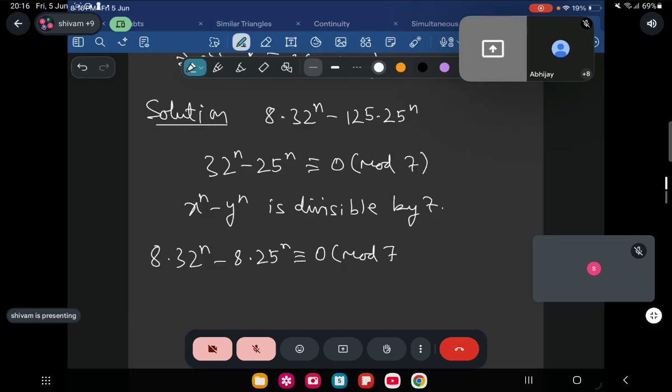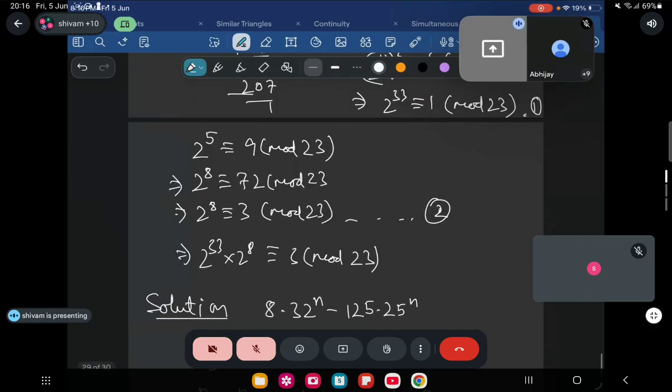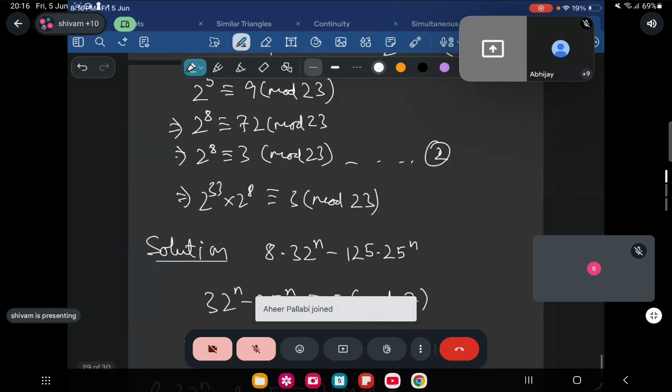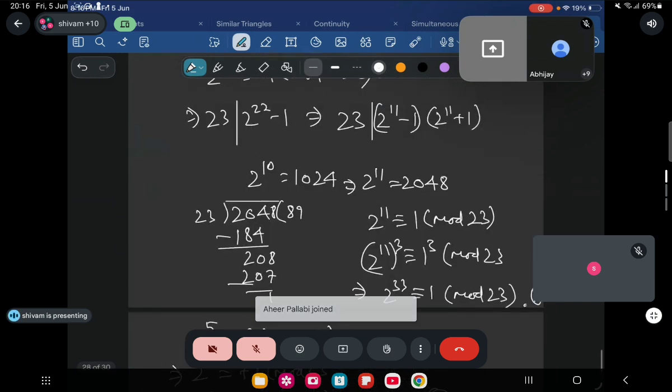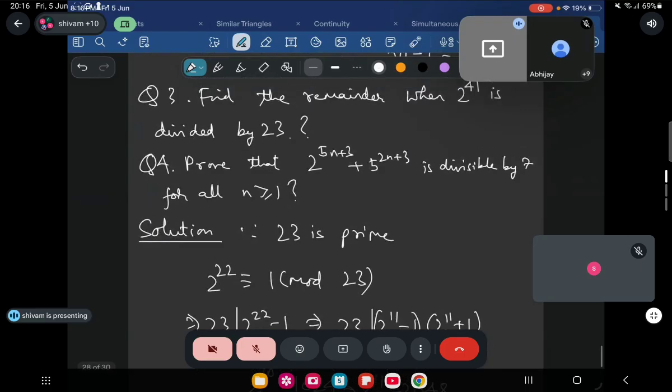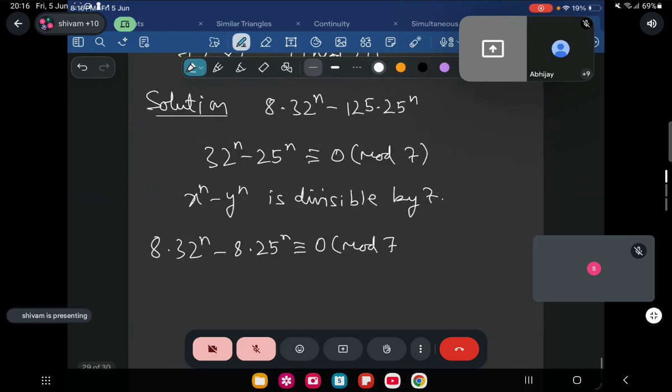Let's see. Okay, 8 into 32 to the power n. What do I need? I need addition. In the question, what do I need? Yes, I need addition. Okay, it was addition. Anyways, so 8 into 32 to the power n minus 8 into 25 to the power n is congruent to 0 mod 7.